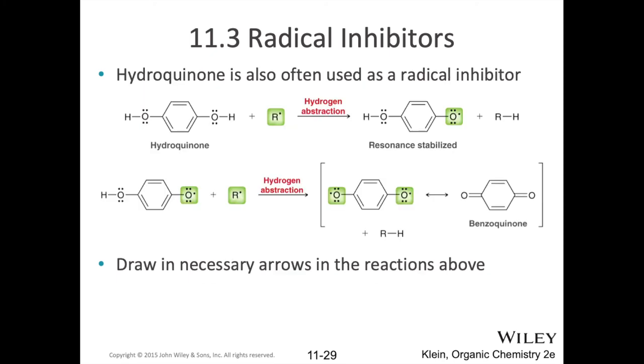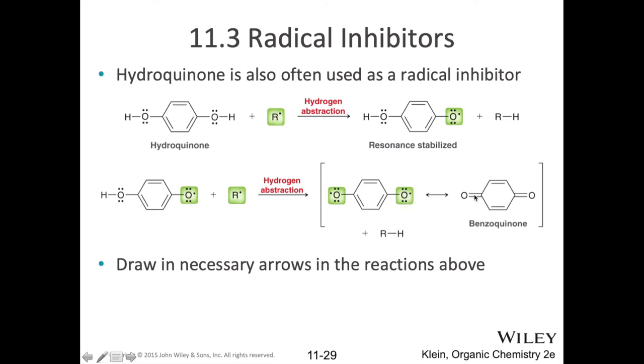So an even better inhibitor would be an example of hydroquinone. Okay, with hydroquinone, you can see here by doing a hydrogen abstraction with a radical, it has two hydrogens available here. So you have it reacting with a radical, the radical does a hydrogen abstraction. Well, the resulting oxygen radical that you make is resonance stabilized, okay, and if you have it react with another equivalent of radical, it does another hydrogen abstraction, now you've got an oxygen diradical, right?